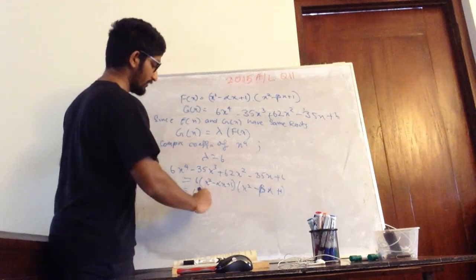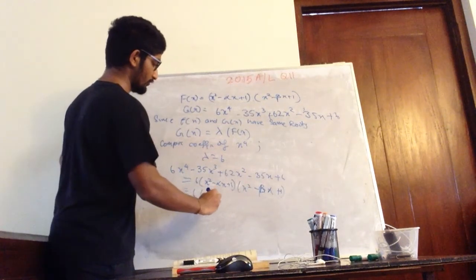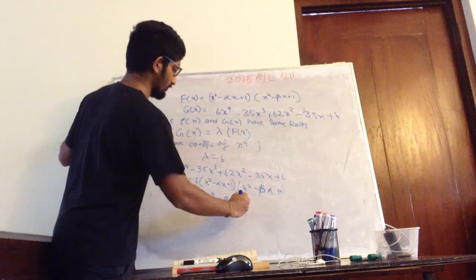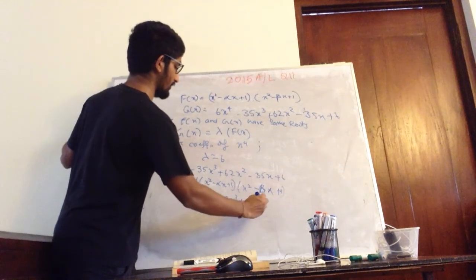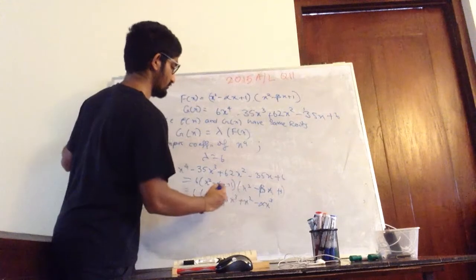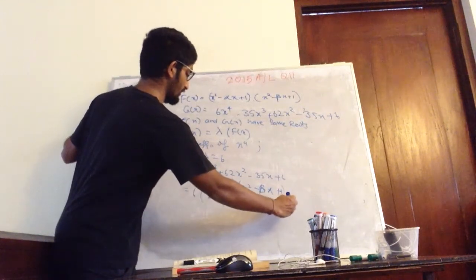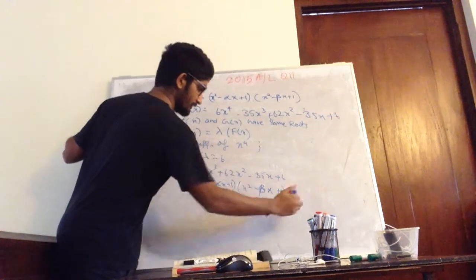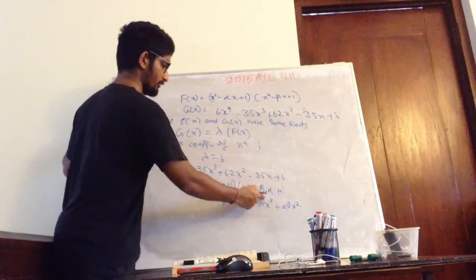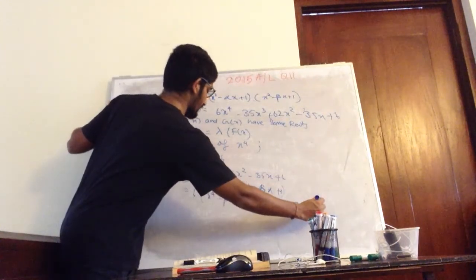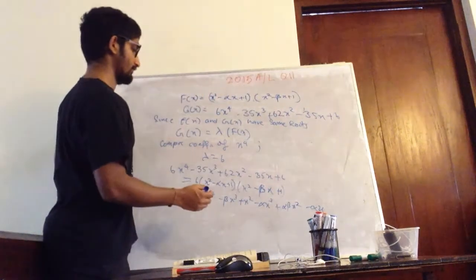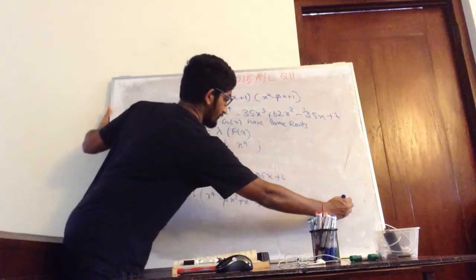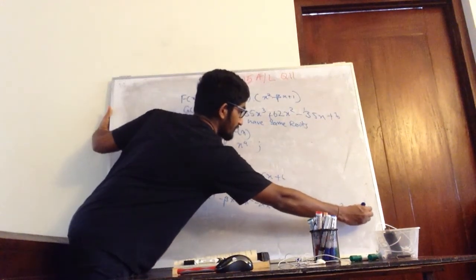I'm going to expand this out: x to the power 4 minus beta x cubed plus x squared minus alpha x cubed plus alpha beta x squared minus alpha x plus x squared minus beta x plus 1.